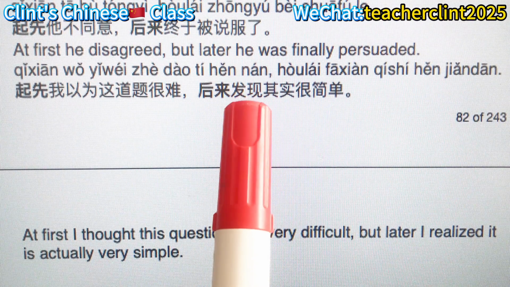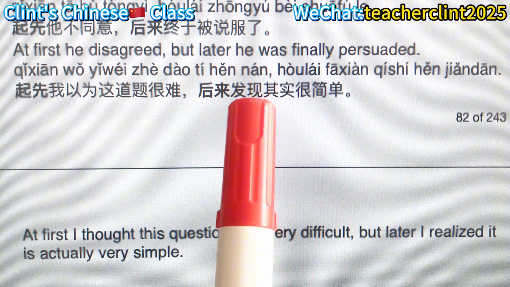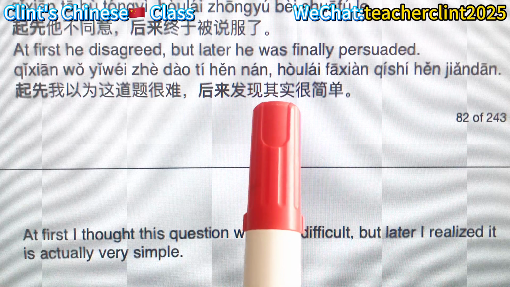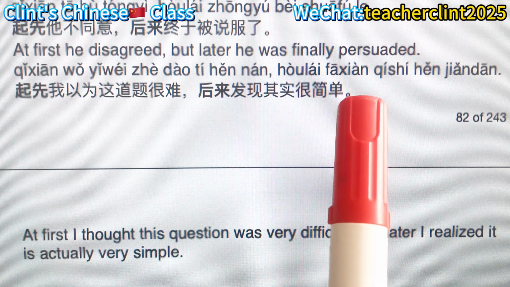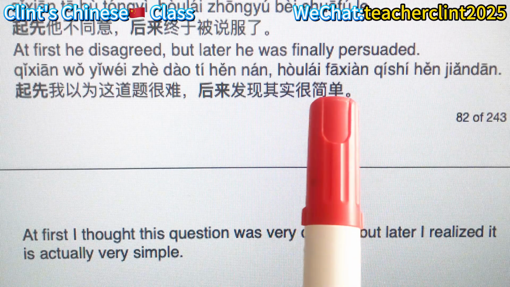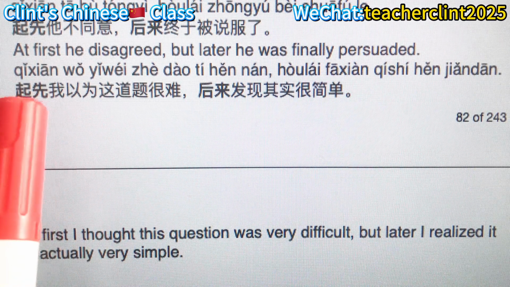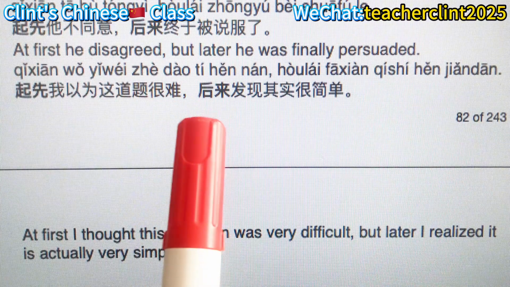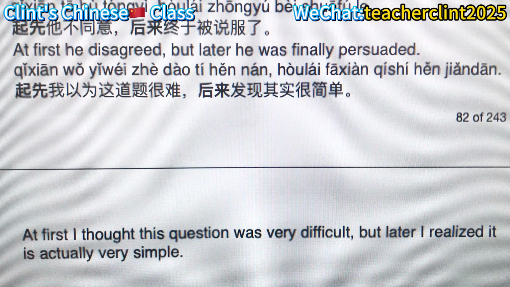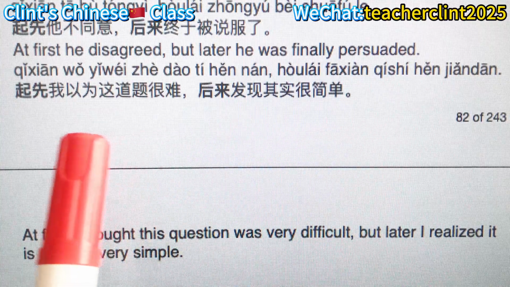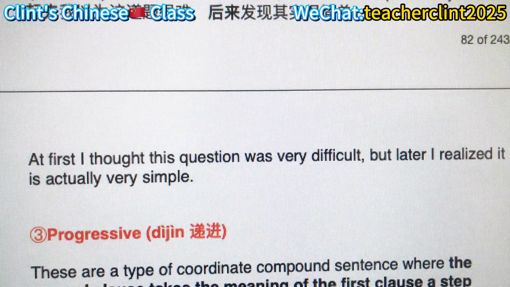But here we use the verb 发现 found. 其实 actually 很简单 very easy. Again, we use this conjunction at first and then later on to connect the two independent clauses to form this compound sentence. Pretty good.